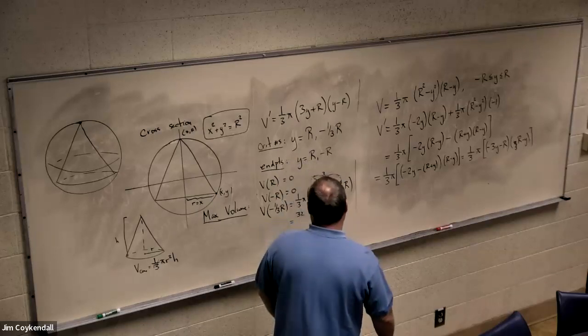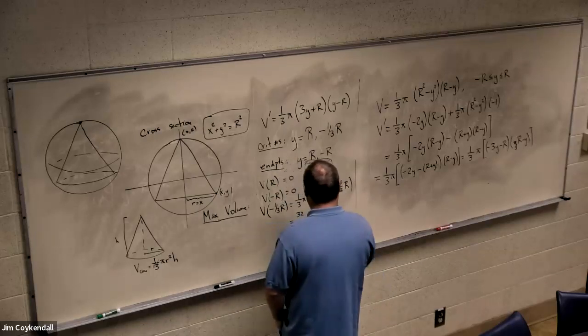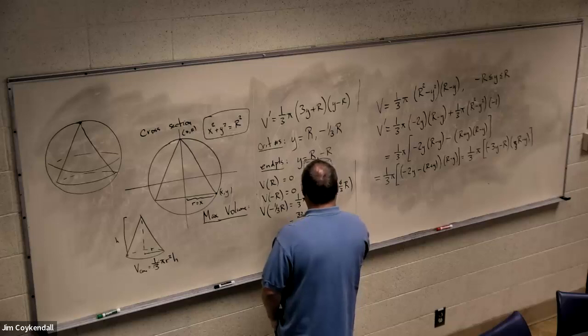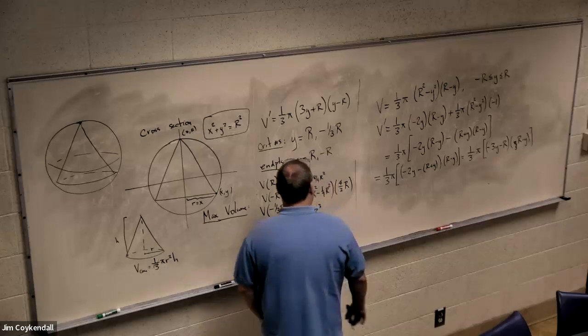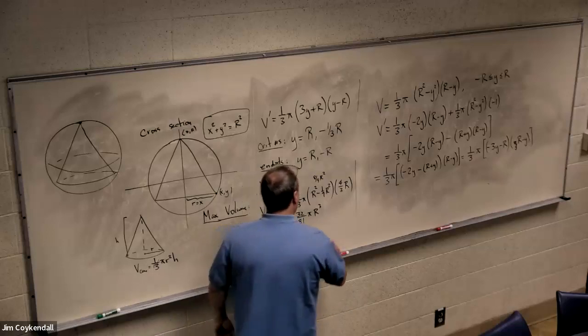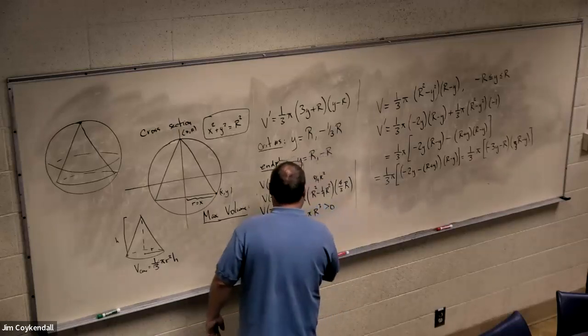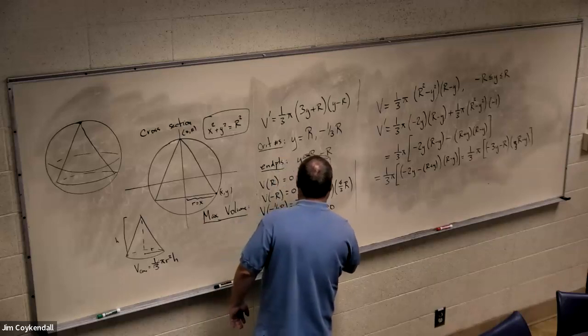So that's going to be 32 over 81. And this is equal to 0 at y equals 1/3 R.